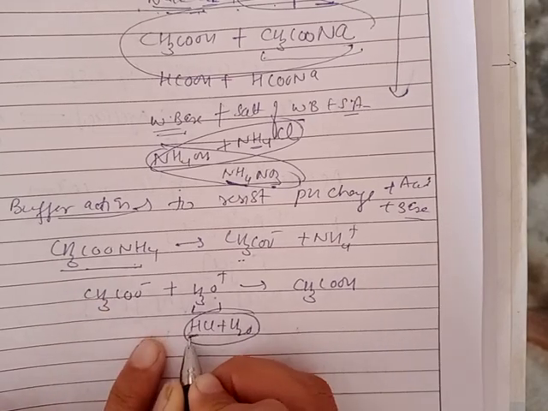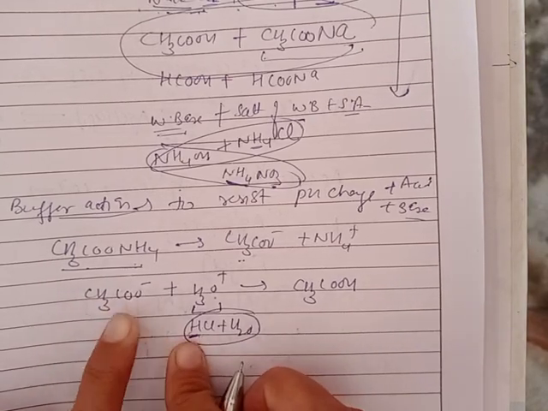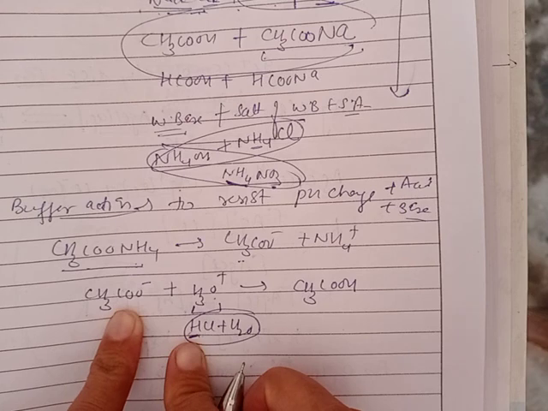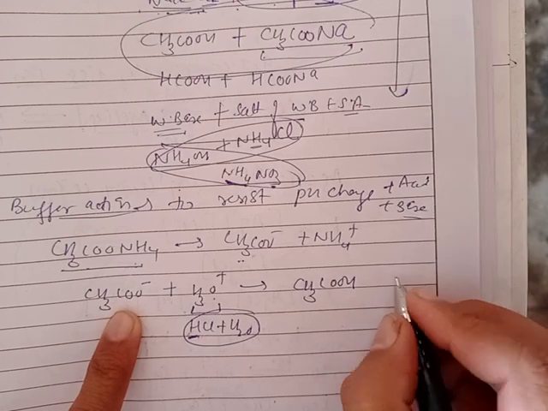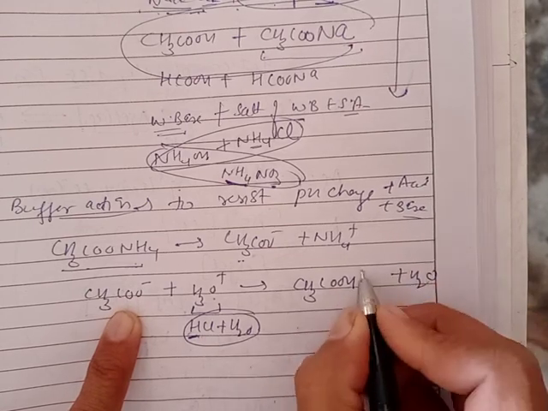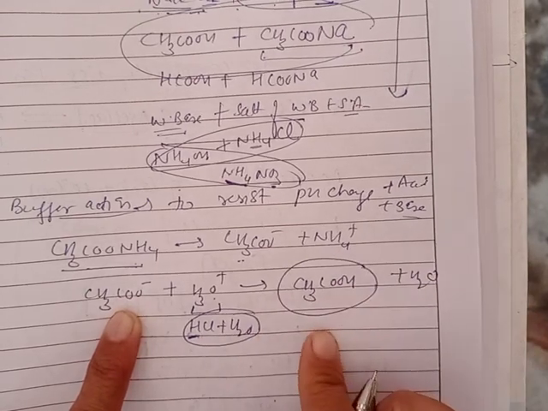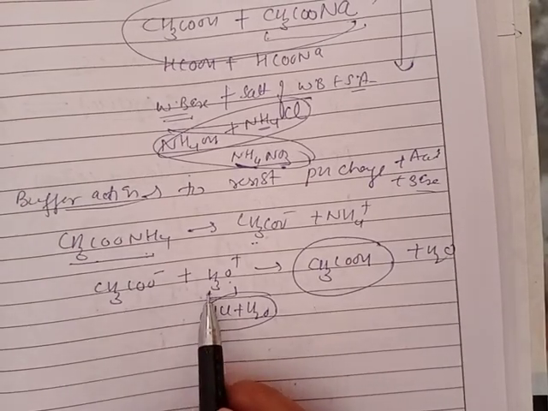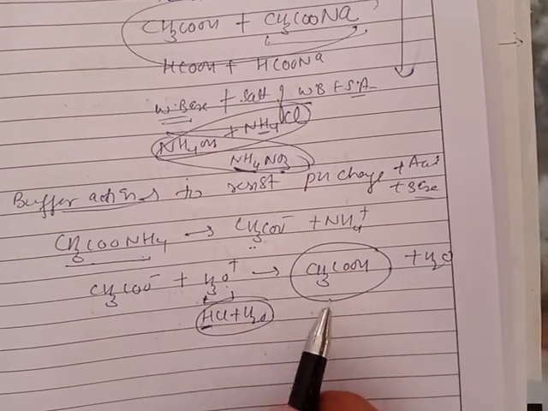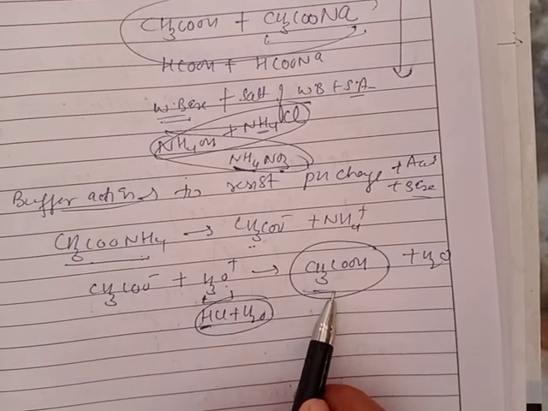Now this H+, or the hydronium ion of the acid, combines with the acetate ions to form CH3COOH plus H2O. Now the acid obtained is a weak acid. The hydronium ion concentration of the solution does not change practically, hence the pH of the solution almost remains constant.